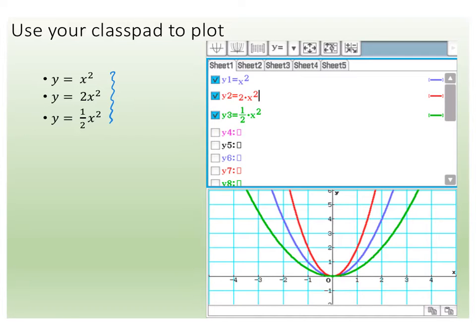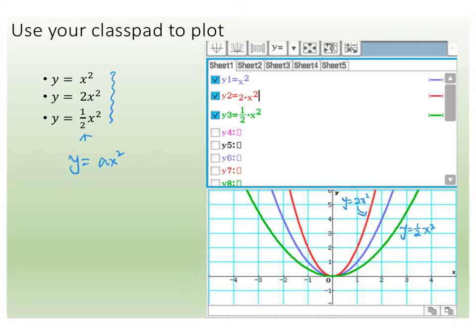The red line is y equals 2x squared. And the green line is y equals half x squared. In your mind, think about what happened when this in fact is y equals ax squared.